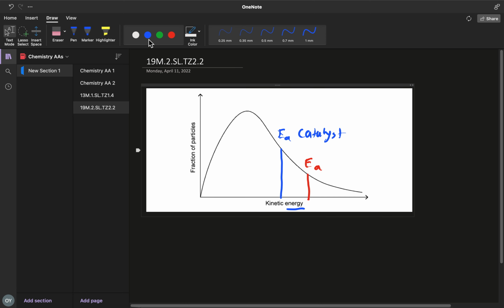As you can see, there are more particles in all of this part than there were before at just this part, meaning that more molecules have the activation energy, and therefore more molecules will participate in the reaction when there is a catalyst, and the rate of reaction will be increased.